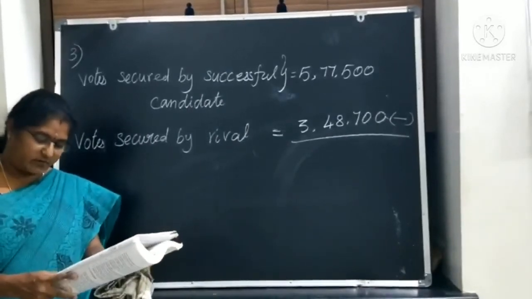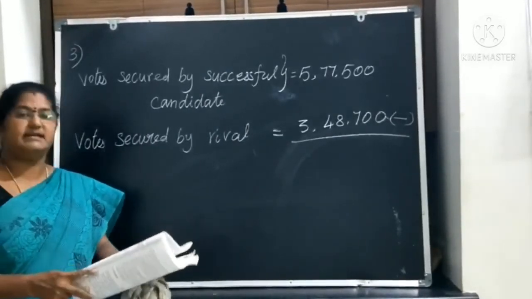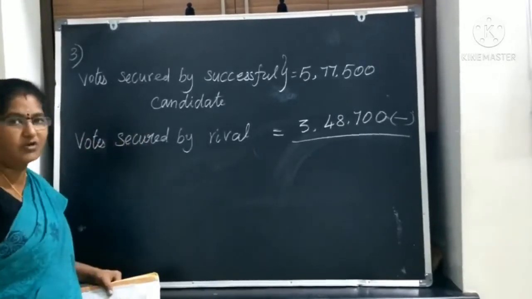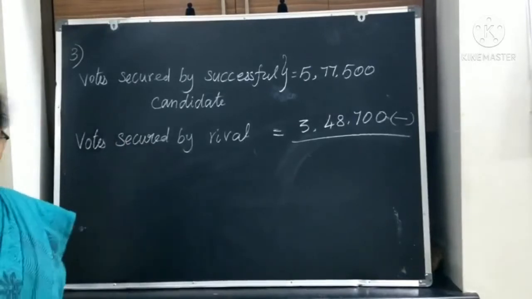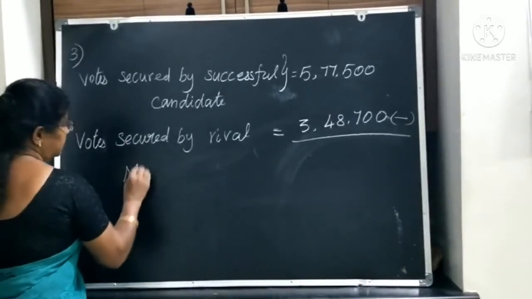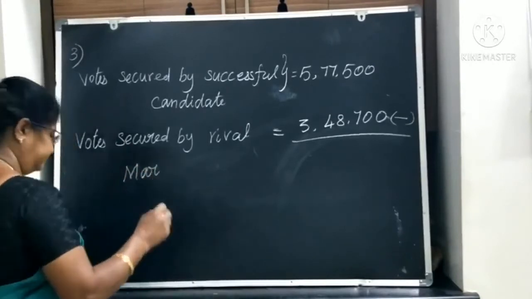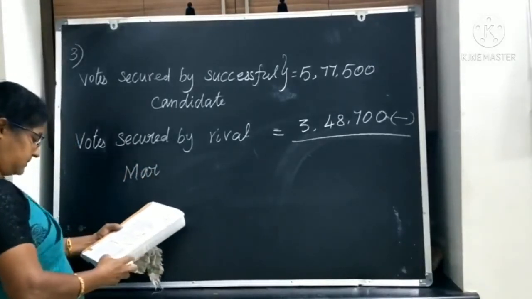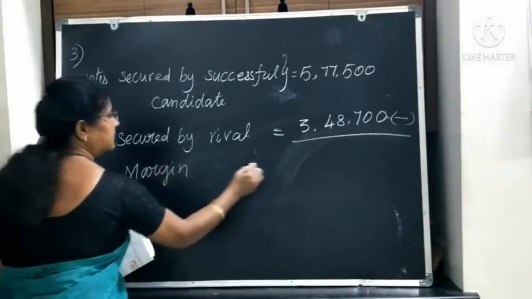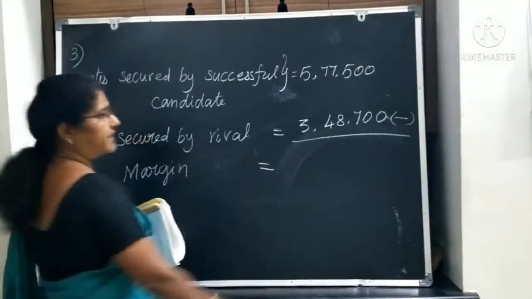What margin did the successful candidate win the election by? So, what margin? How many more votes did he get? So, margin. By what margin? So, margin equals, we have to subtract.